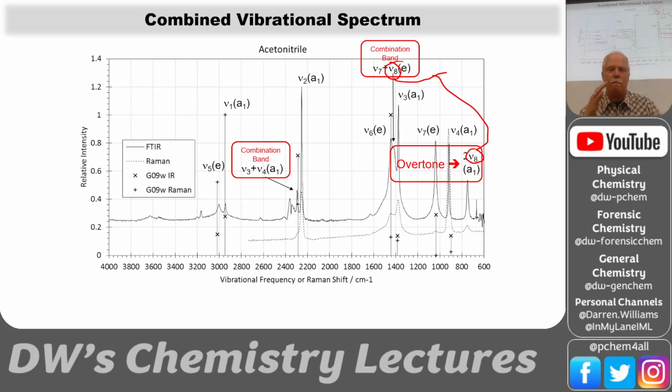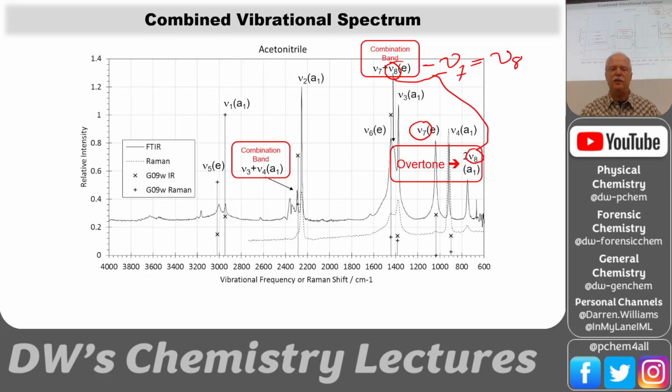You're saying with that combination band, we would just use whatever value is here? Yeah, so here's nu7 right here. And so we could say this right here minus nu7 by itself, the frequency of nu7, would equal nu8. So that'd be a pretty slick way to do it.